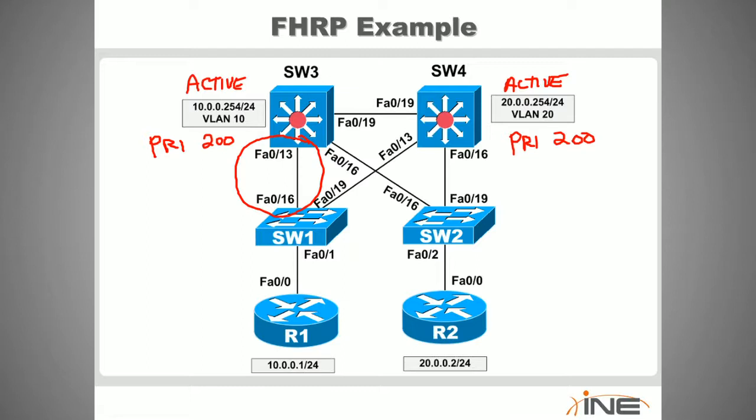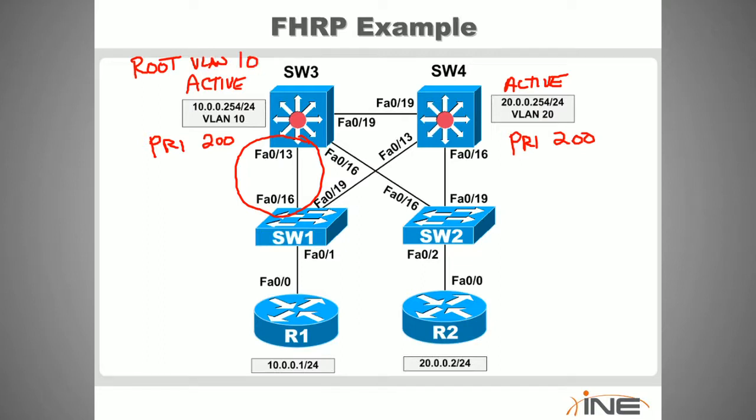Fast Ethernet 13 is going to be our main path that we use to reach router 1. And this would ultimately be based on the spanning tree root port election. So let's say also for this case that switch 3, we want it to be the root for VLAN 10.